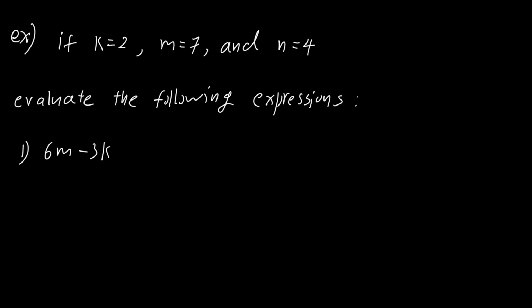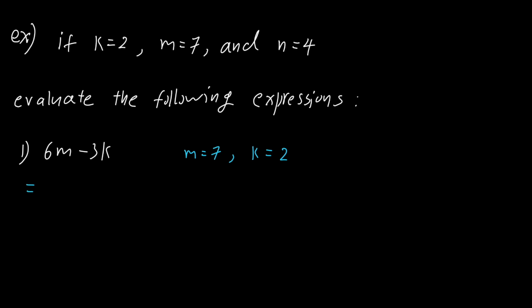Because we have m equals 7 and k equals 2, this condition is given. We can replace variable m and variable k with these two values, and then we can follow the order to calculate the result.